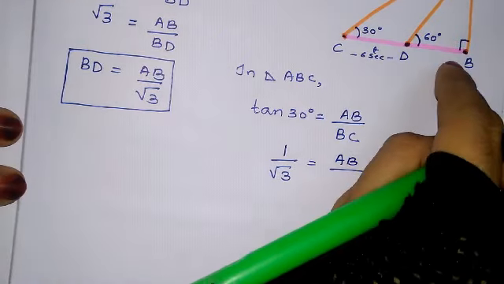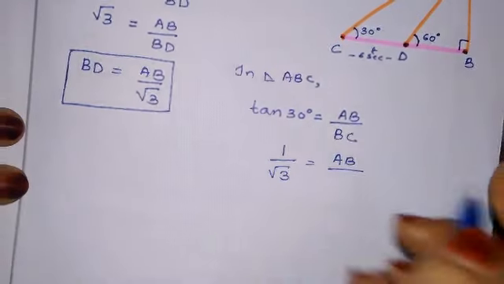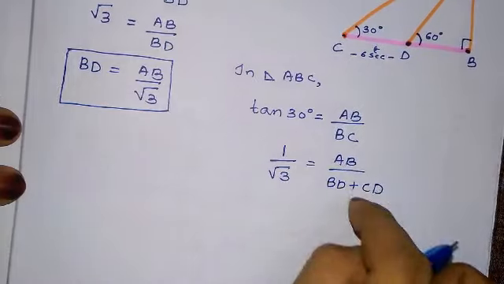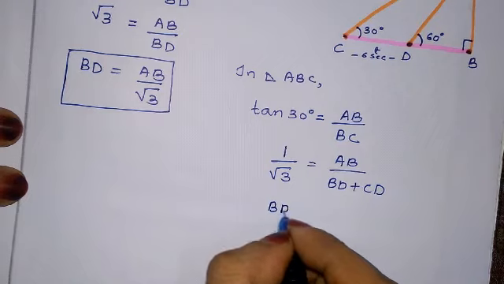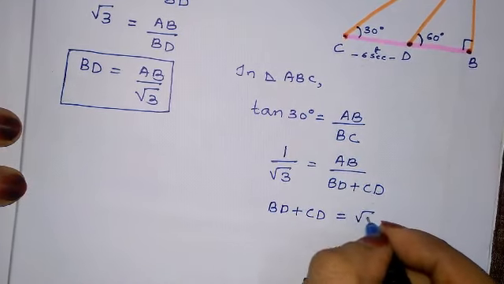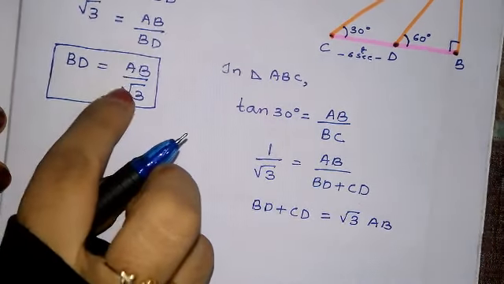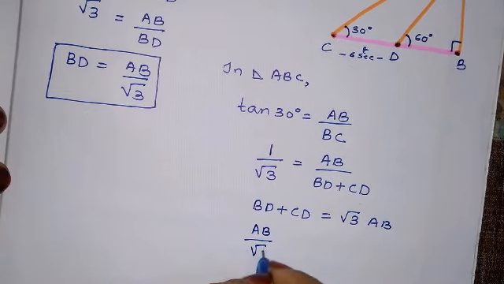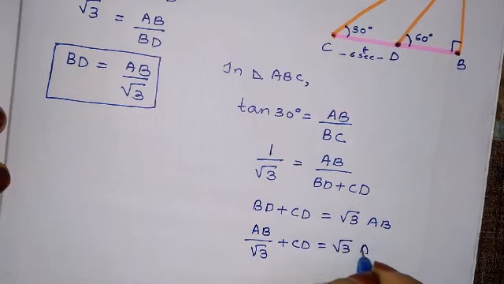BC is nothing but, in the figure we can see, BC is BD plus CD. Let us cross multiply. BD plus CD into 1 is BD plus CD, which is equal to root 3 AB. Now, BD value we know is AB by root 3. In place of BD, I'll write AB by root 3 plus CD is equal to root 3 AB.